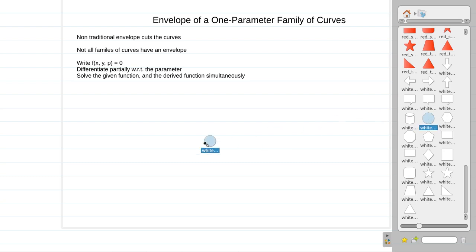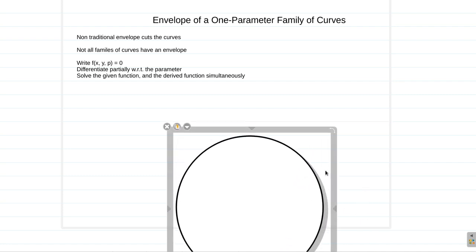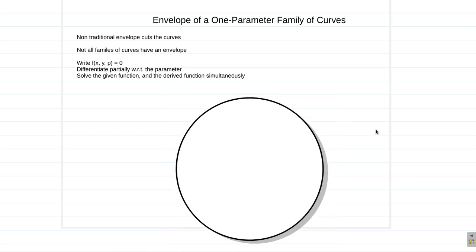Right, so we have a circle there. Now, here we have what is called our radius.